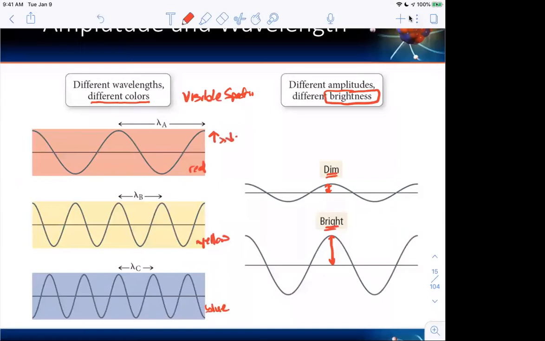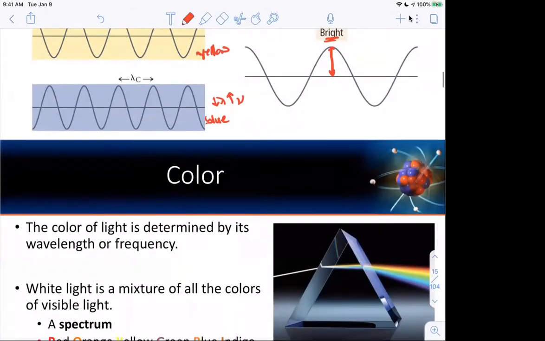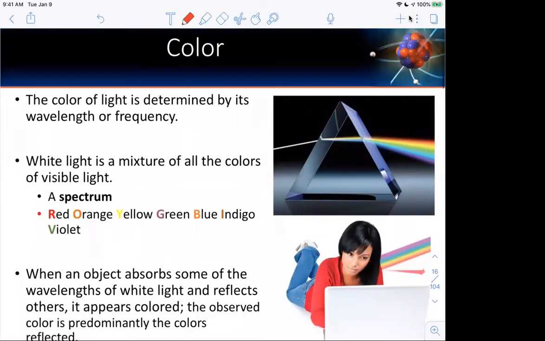It's going to have a lower frequency. This one is going to have a decreased lambda. It's going to have a higher frequency. But the difference here is that when I have light that has different wavelengths, it's going to result in different colors as long as those wavelengths are part of the electromagnetic radiation spectrum that corresponds to visible light. So color is actually determined by wavelength and frequency.